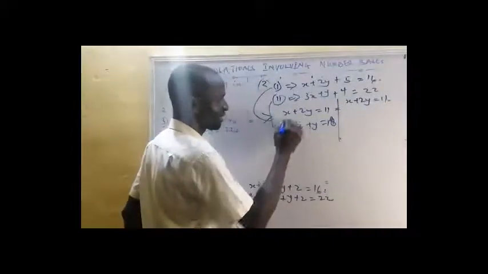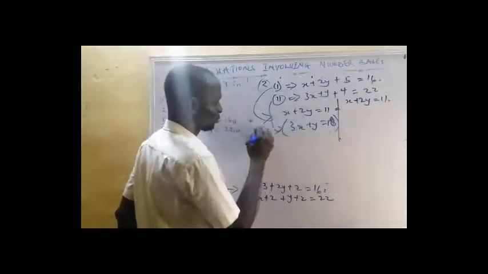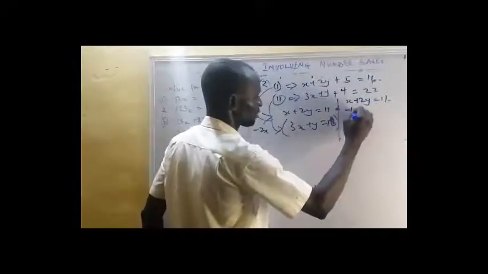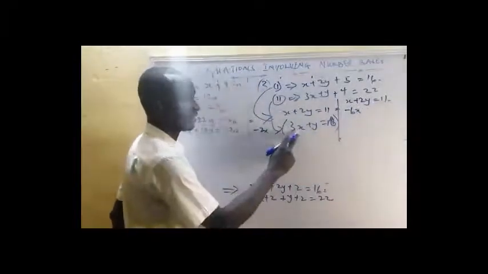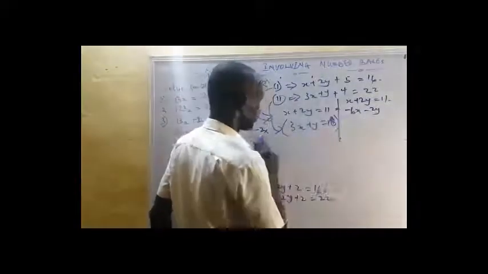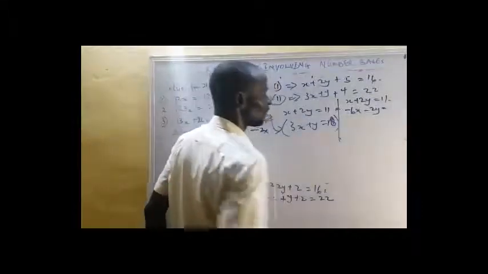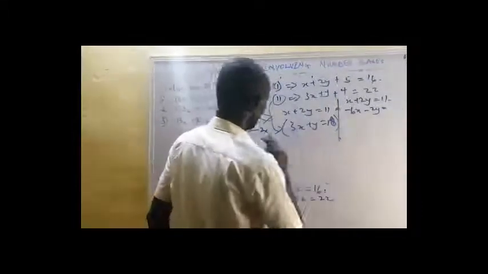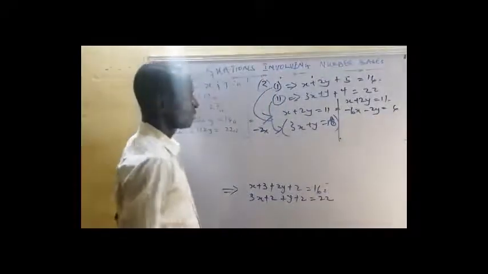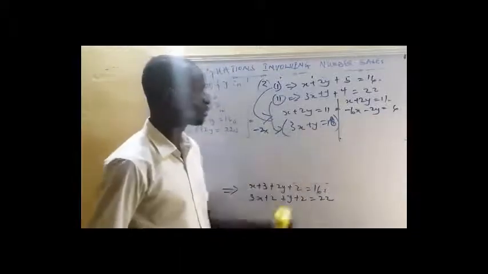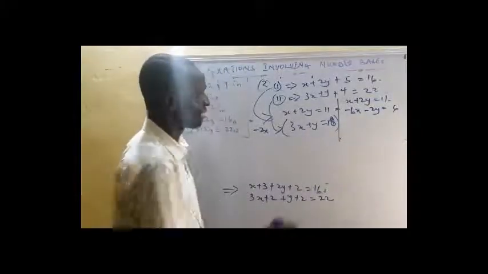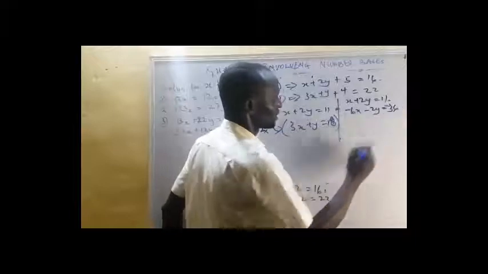If I multiply the base here by minus 2, it becomes minus 6x, minus 2 times y, minus 2y, minus 2 times 18, minus 36.